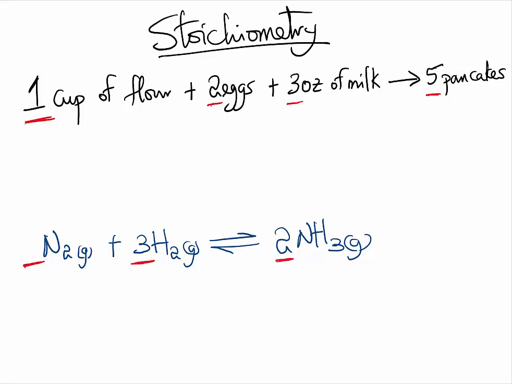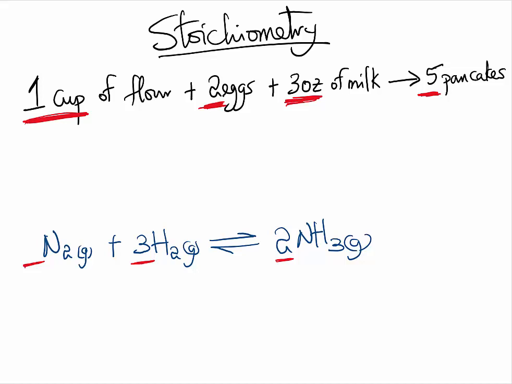In the recipe for cooking, we have 1 cup, we have 2 eggs, we have 3 ounces, and we have 5 numbers of pancakes. So, the coefficients have different meanings.